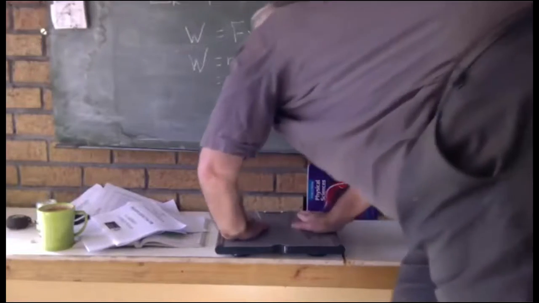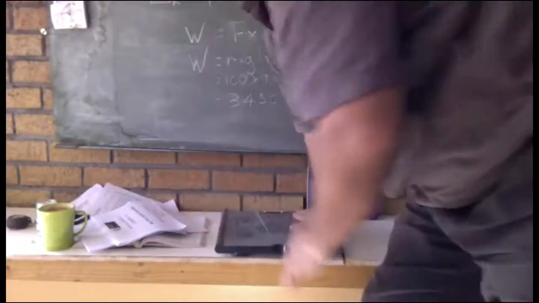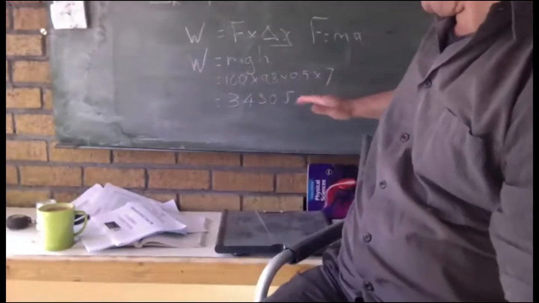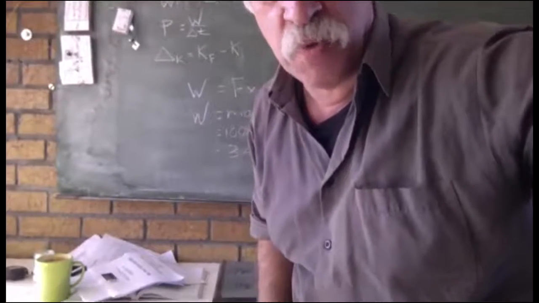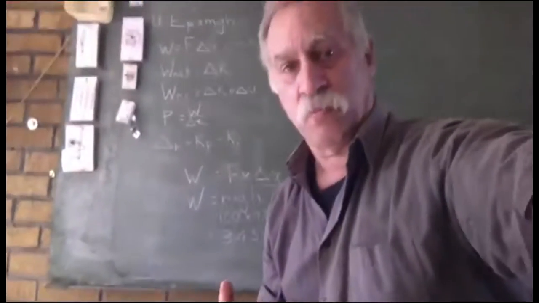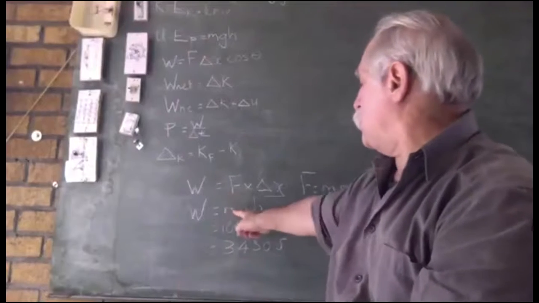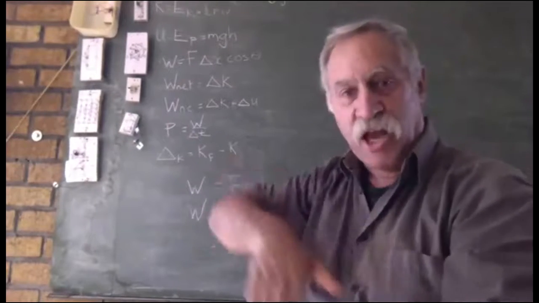And then you do a press-up, 1, 2, and you see how many press-ups you can do in 10 seconds. And then you work out how much work you did. Another way you could do it is we got some kids to hang from the door frame and do chin-ups. Again, it was their mass times g times the height they were pulling up.